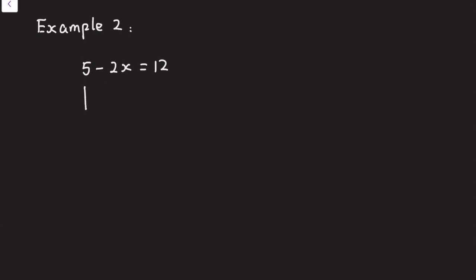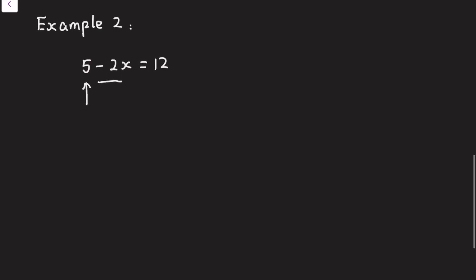Compared to the 3 numbers, 5, minus 2, and 12, the minus 2 is the closest, so we should leave it until the end to deal with.